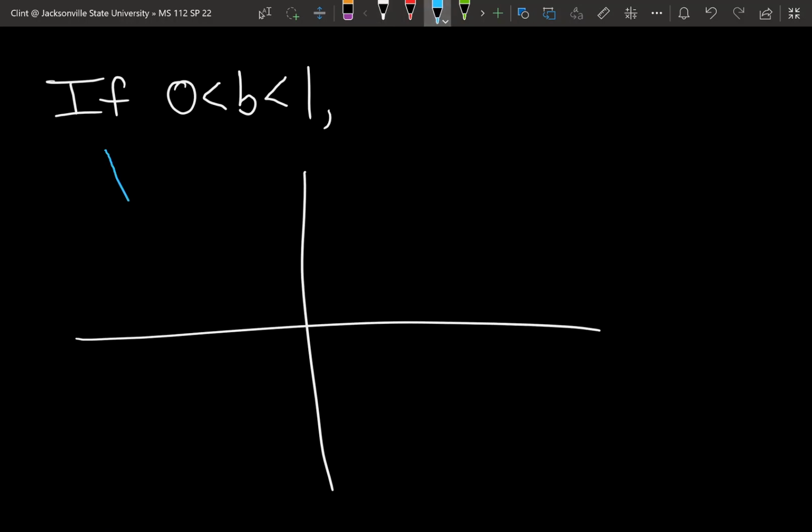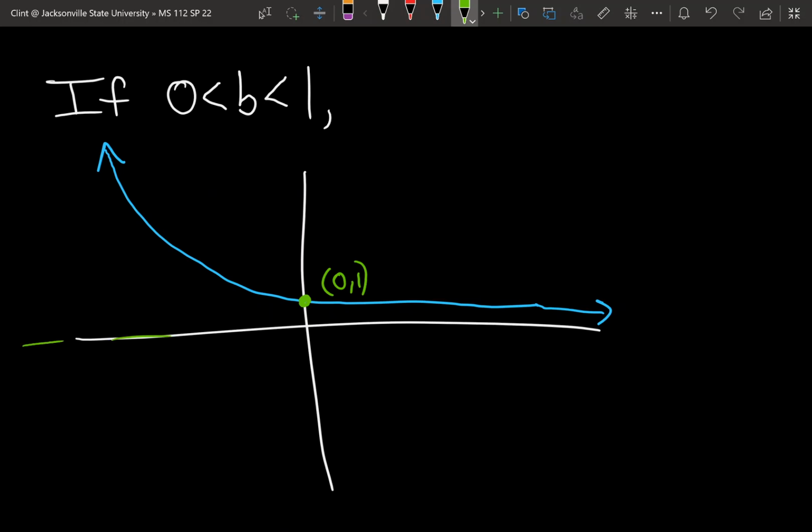And the one difference is that it's going to run backward. It's still going to go through the point 0, 1. The line y equals 0, or the x-axis, is still going to be a horizontal asymptote. It just flips.